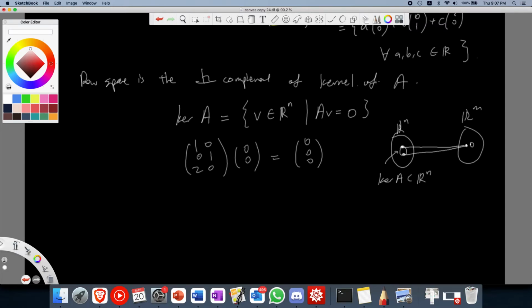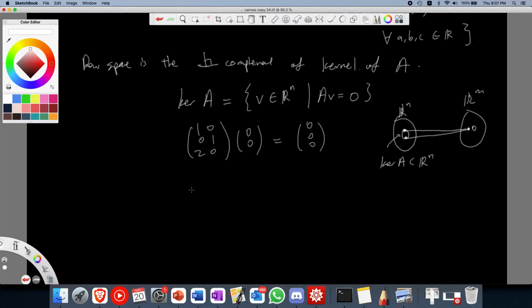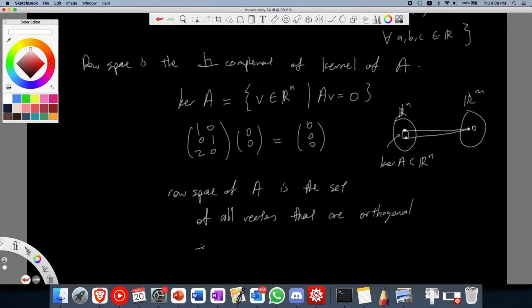So what does that mean? Let's say the kernel in this case is just the 0 vector. So the row space of A is the set of all vectors that are orthogonal to all vectors in the kernel.